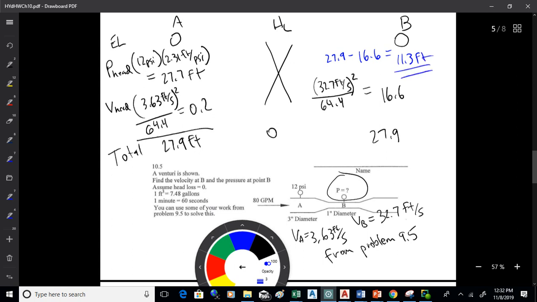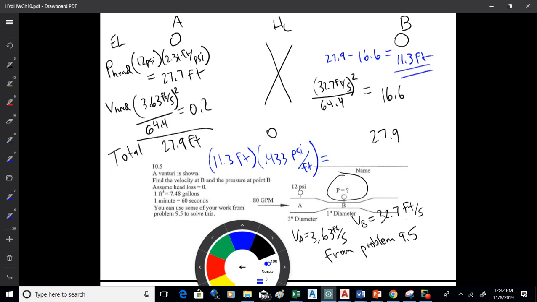So that's what the pressure head is. So you can just convert that to pressure and figure out what the pressure will be, and it's 4.9 psi.